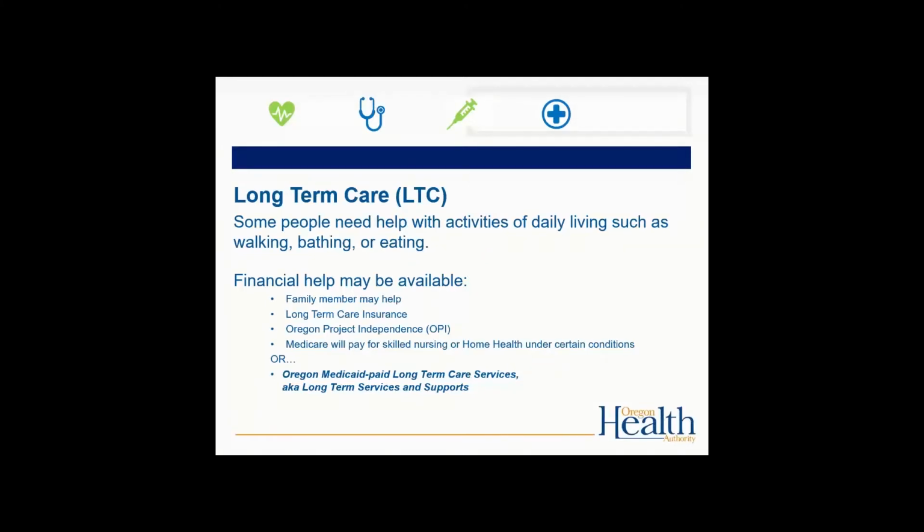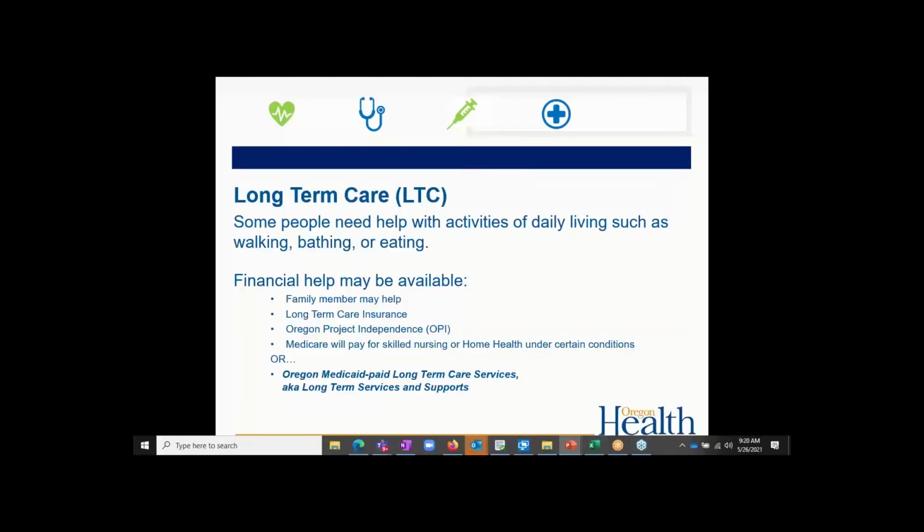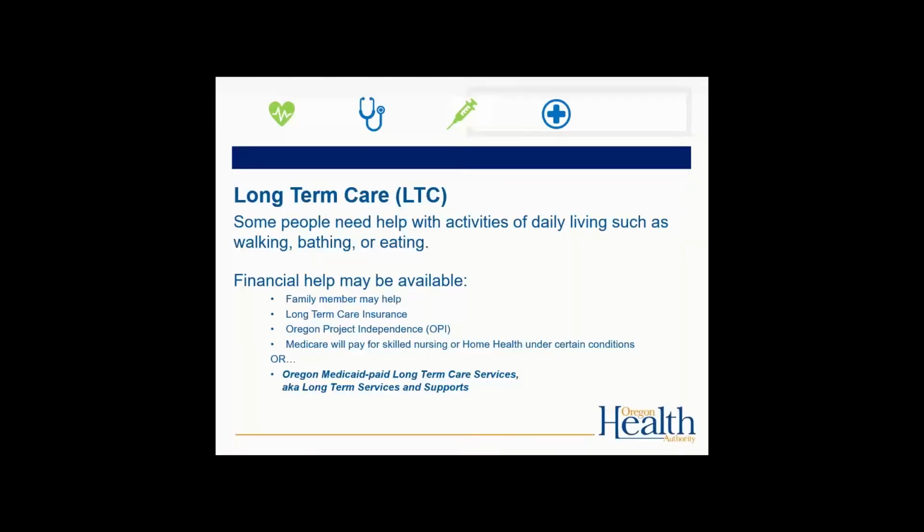Here's what long-term care is. Long-term care is for people who might need help with activities of daily living, such as walking, bathing, or eating. Financial help can be available for that in general, like a family member could help and might be able to get some cost coverage for that. There's long-term care insurance, there's Oregon Project Independence, and Medicare might pay for some skilled nursing or home health under certain conditions.